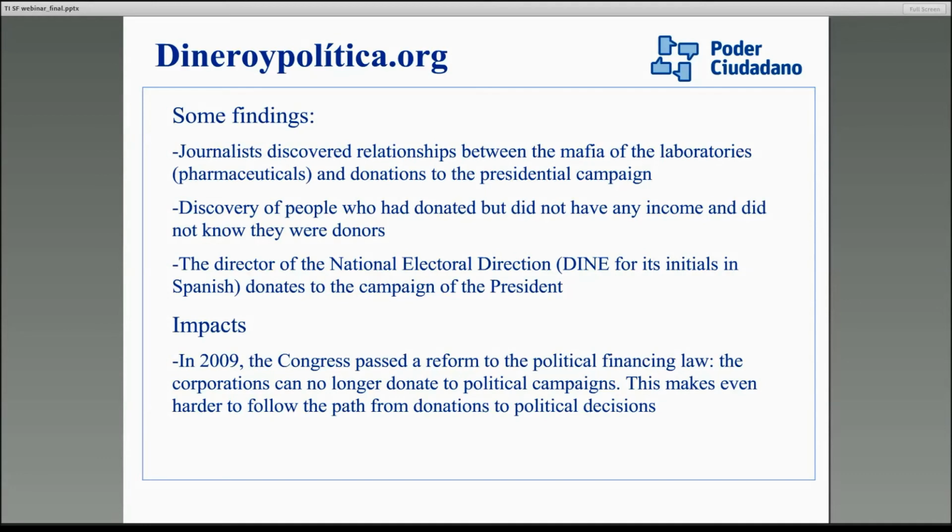This, which seemed to be an advance at first, really makes the process of donations darker, because we are pretty much sure that corporations are still donating to the campaigns, but we can't track that relation now because the donations are hidden behind names, for example, of employees of that company.